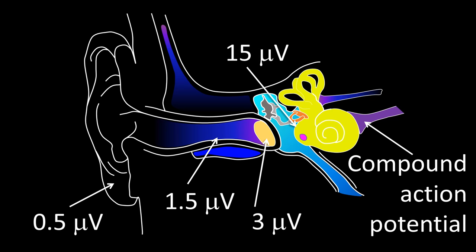If it is measured from the tympanic membrane, it will have an amplitude of 3 microvolts. If it is measured from the external ear canal, it will have an amplitude of 1.5 microvolts. If it is measured at the earlobe, it will be 0.5 microvolts.